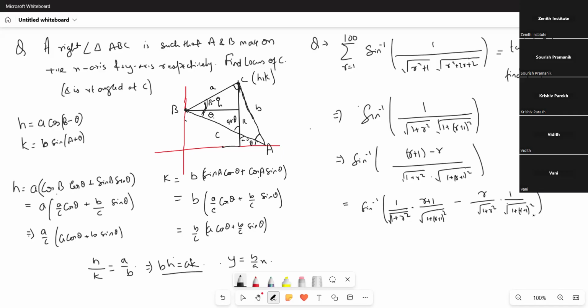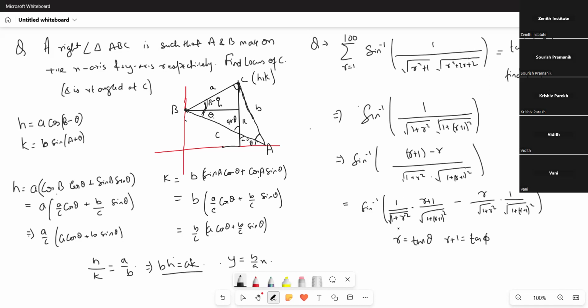Now in this, suppose we substitute r as tan theta and r plus 1 as tan phi.